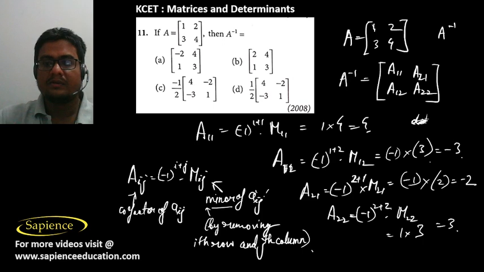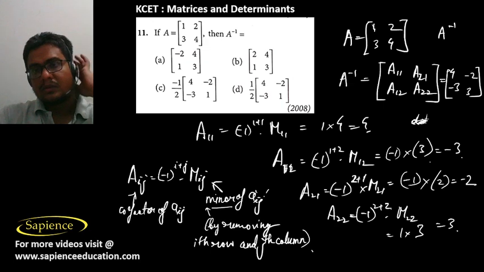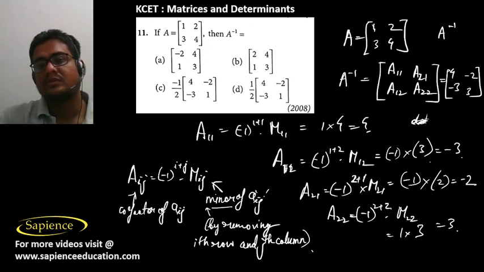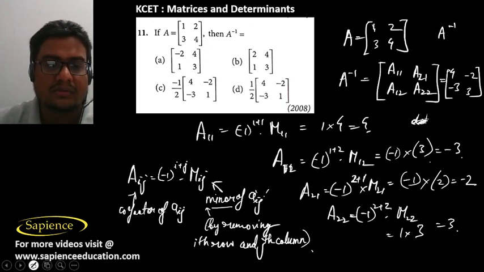So therefore the cofactor matrix is 4, A12 is minus 3, and A21 is minus 2, and A22 is 3. So 4, minus 2, okay.